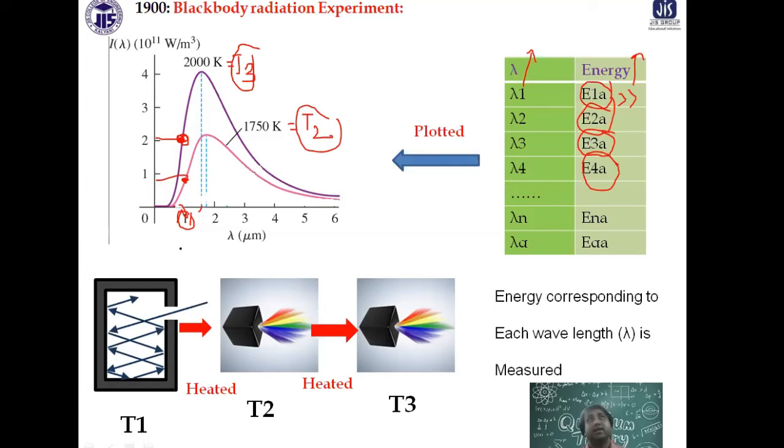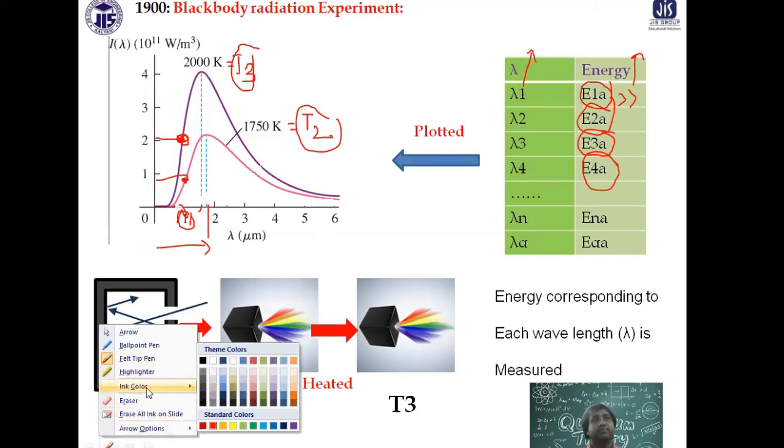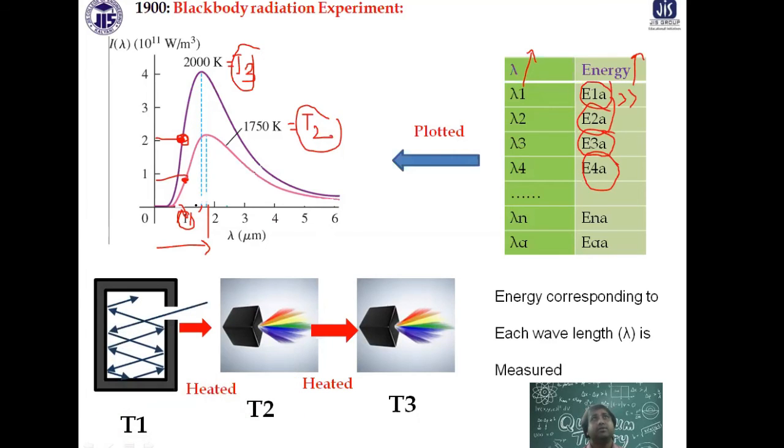The second observation is that at the higher temperature, you are reaching the maximum more quickly. In the first case, this was your maximum value, lambda maxima. Now, in the second case, this is the value of your lambda maxima.